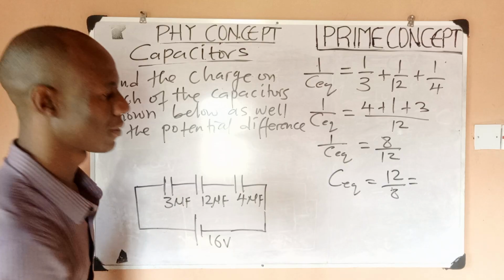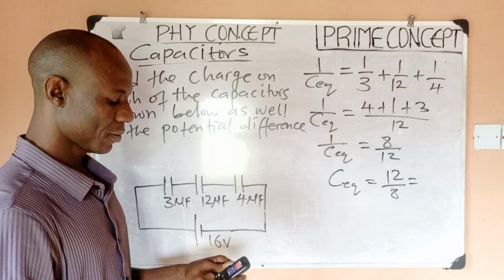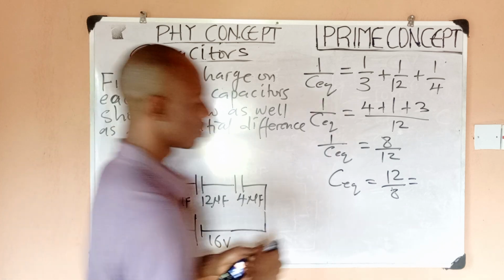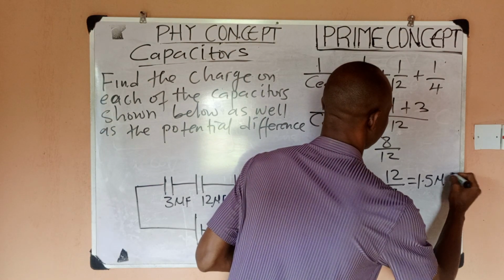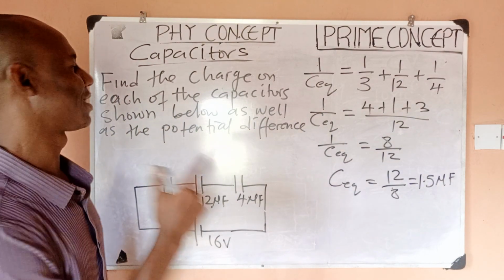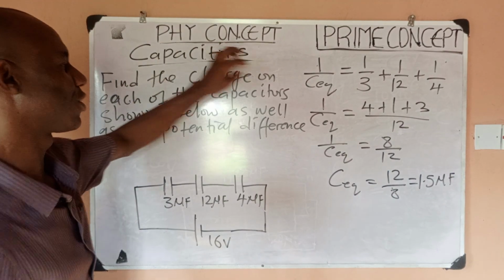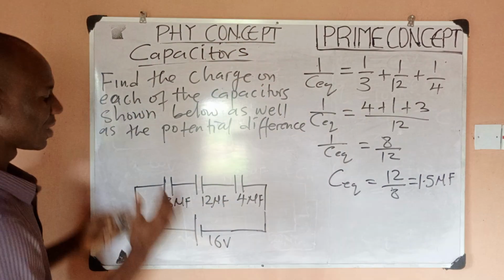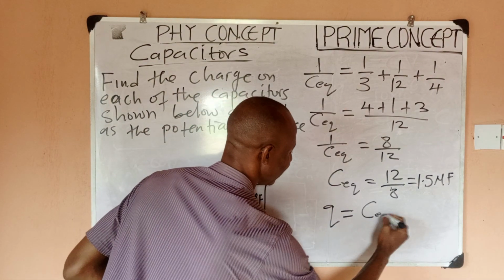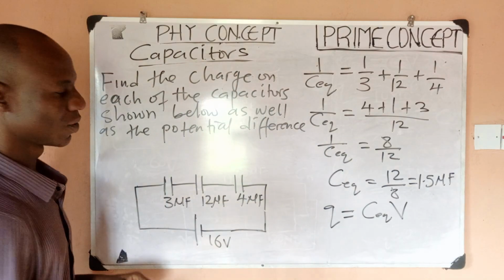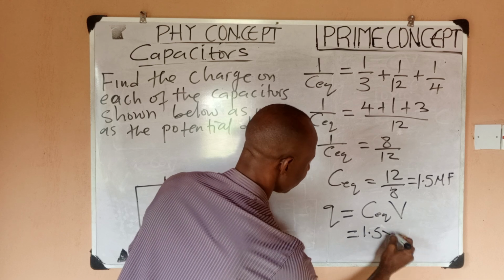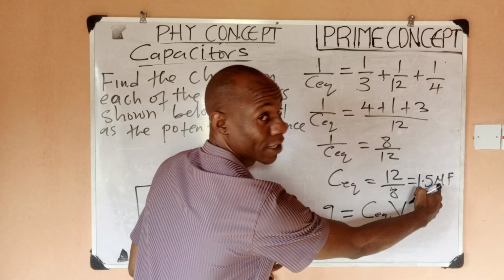So if you divide this, you would have 1.5 microfarad. So this is our equivalent capacitance, but remember that is not what the question is seeking. The question says find the charge on each. Now we know that the total charge is going to be Q, which is C equivalent times V. So our charge is then going to be 1.5 times 10 to the power minus 6, because it is micro, right?